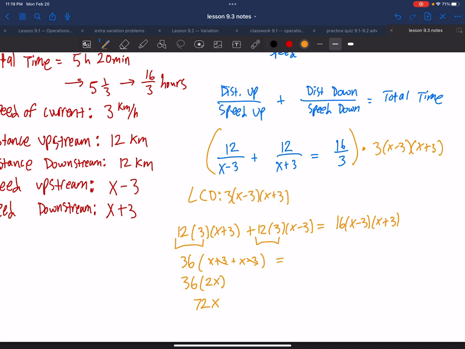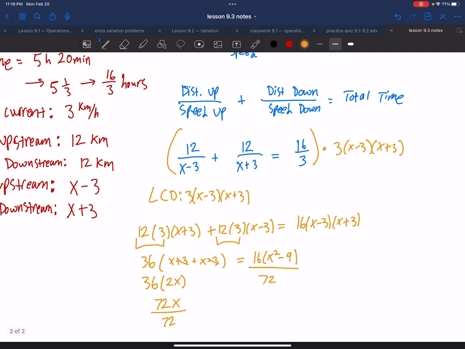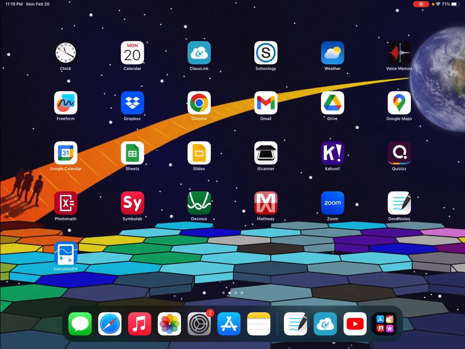Equals, and if you expand that, that's a difference of squares: x squared minus 9. Then I'll divide both sides by 72. Wait, do I want to do that? Think about that, Mr. Spake. Does 16 go into 32? Where's my calculator?